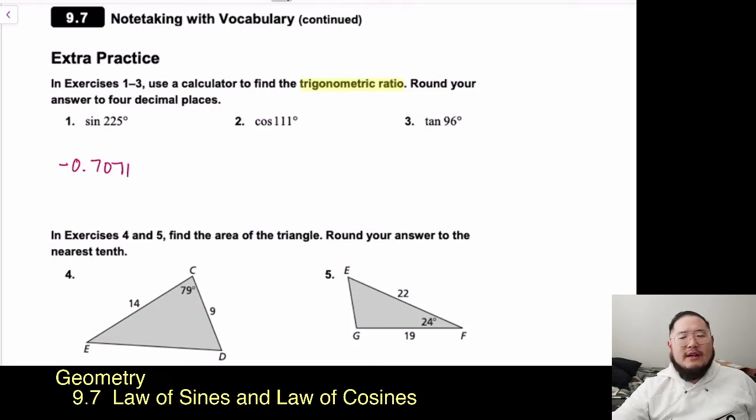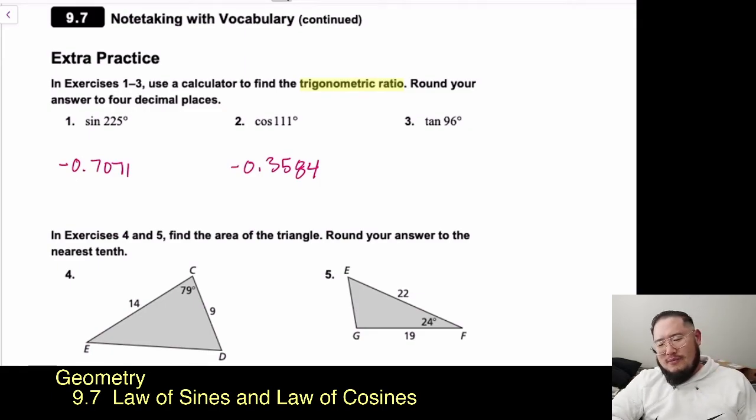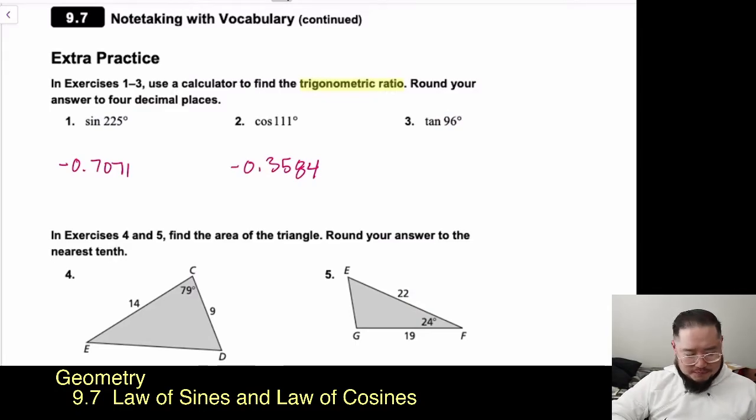Make sure you have that down. If you're not getting that, then you're probably not plugging things into your calculator correctly, or you do not have your calculator in the right mode. But hopefully it's in the right mode after all these sections in chapter 9. So tangent 96, making sure you get the right answer, negative 9.5144. And there you go, 1, 2, and 3.